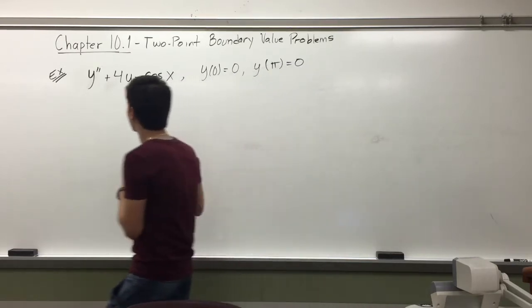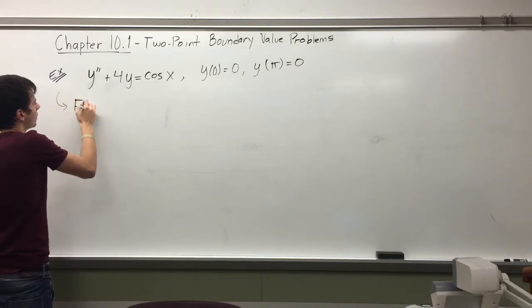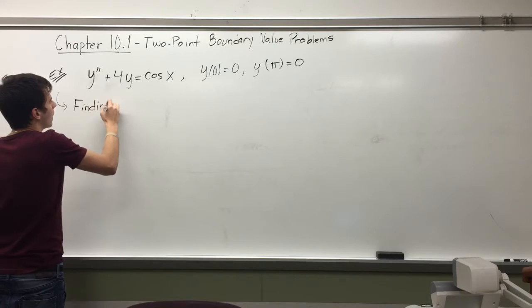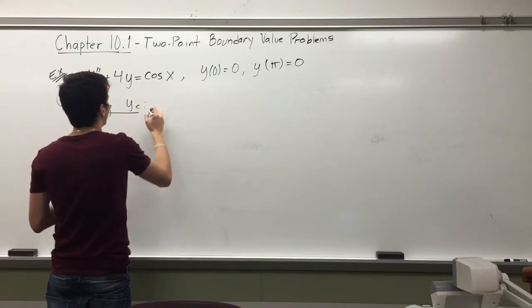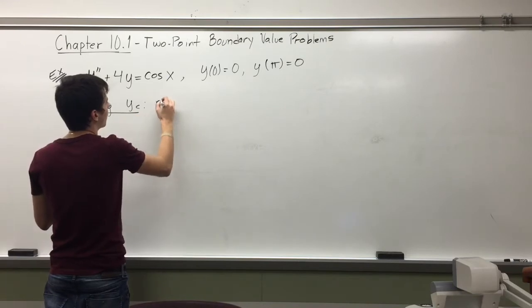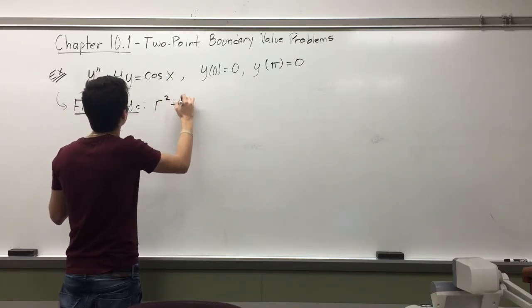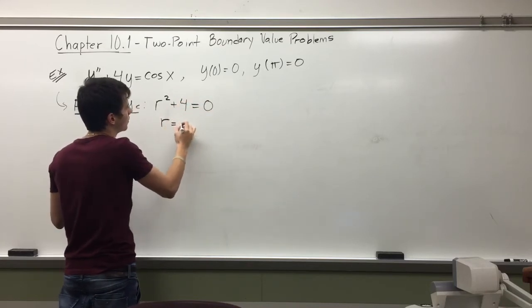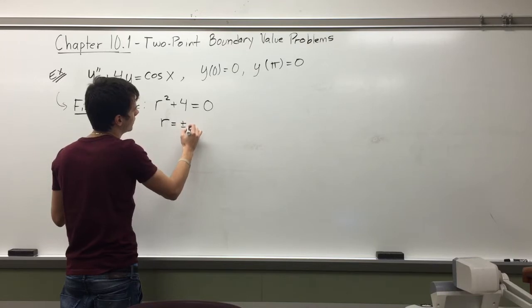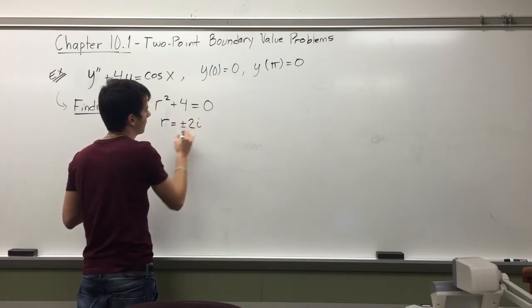So let's start by first finding our complementary solution y_c. We write our characteristic equation: r squared plus 4 is equal to 0, so r is equal to plus or minus 2i.